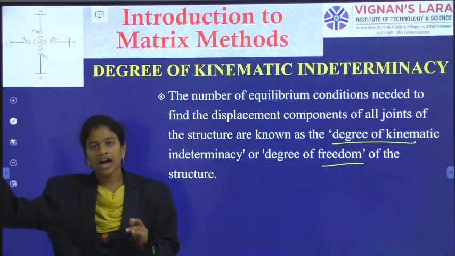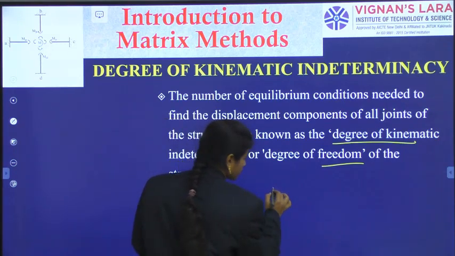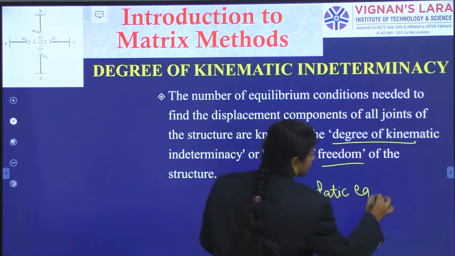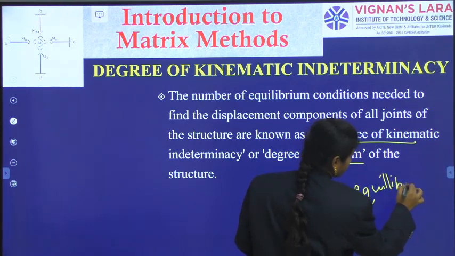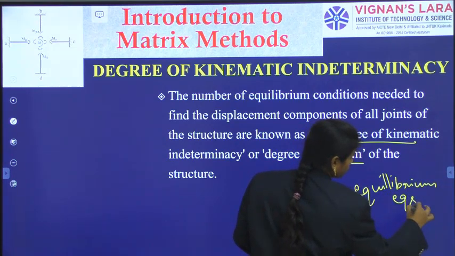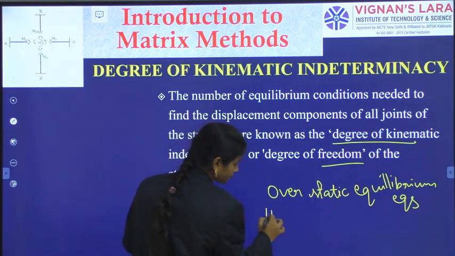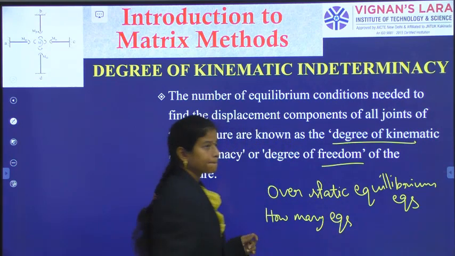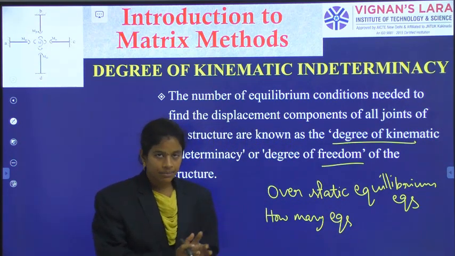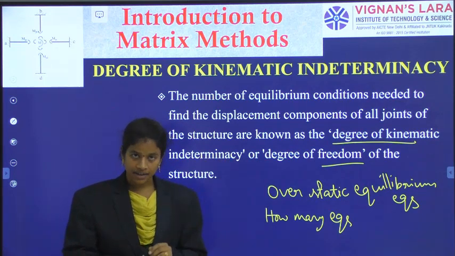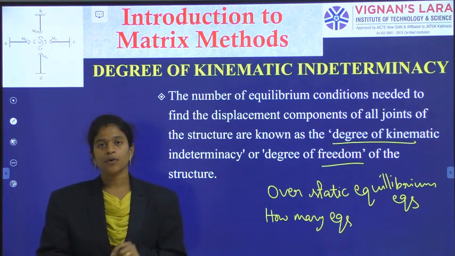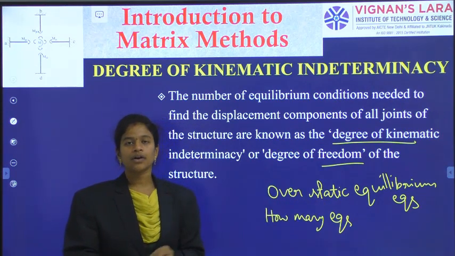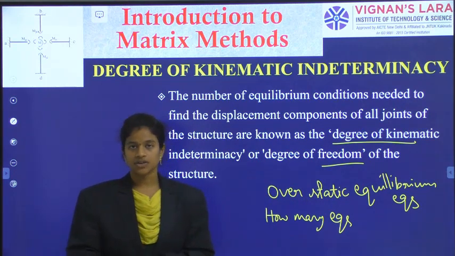Simply, how many new equations are required over the available static equilibrium equations for calculating the unknown support reactions in a structure, that is the degree of redundancy or degree of static indeterminacy.